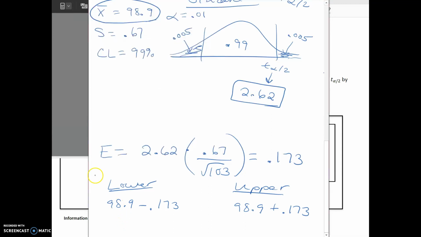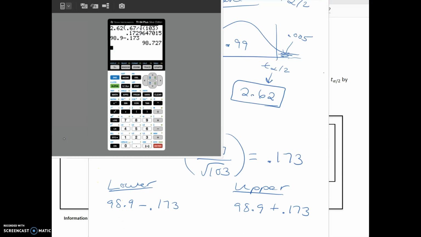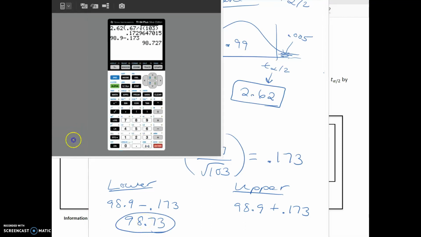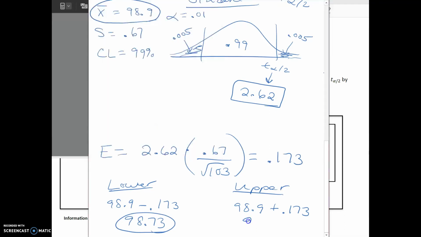So 98.73 and 99.07. That's going to be your lower bound and your upper bound.